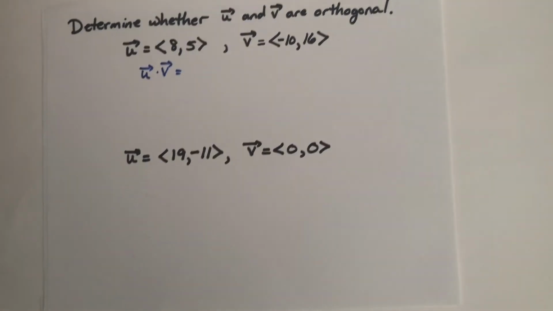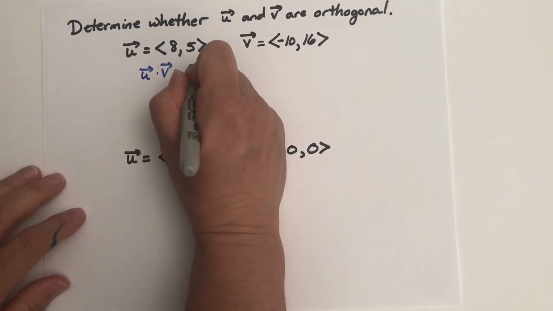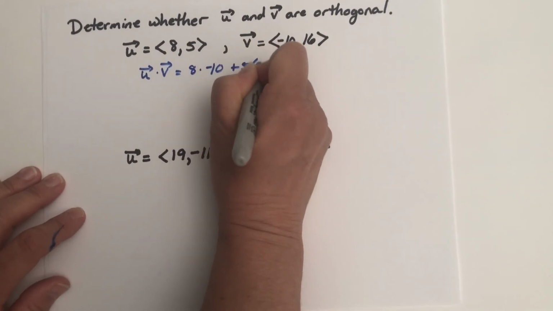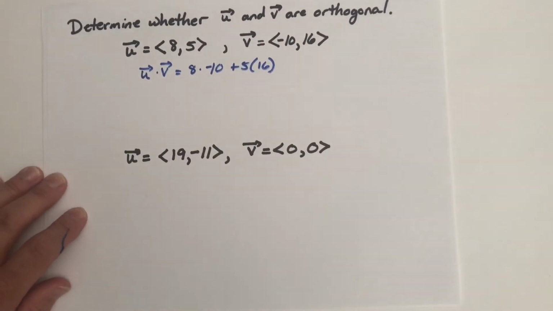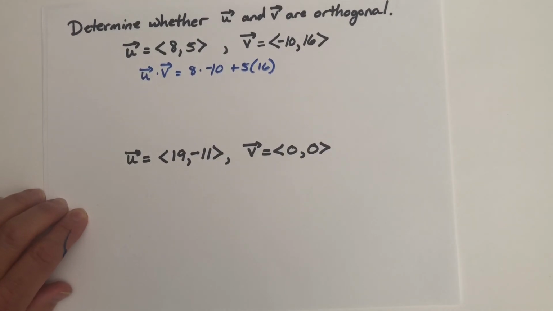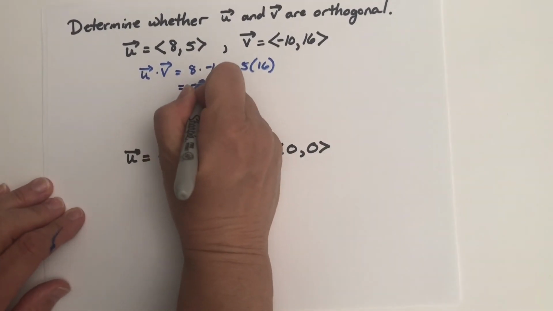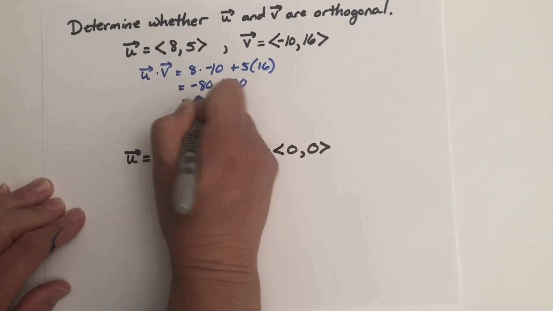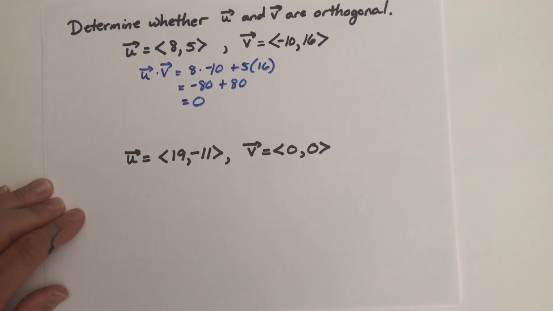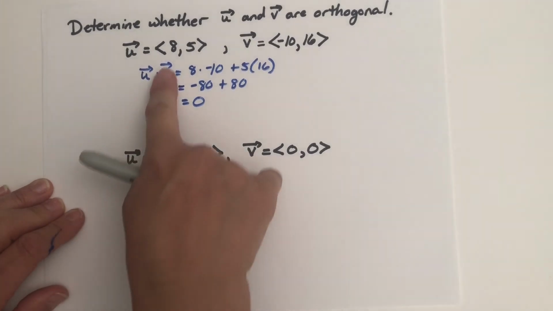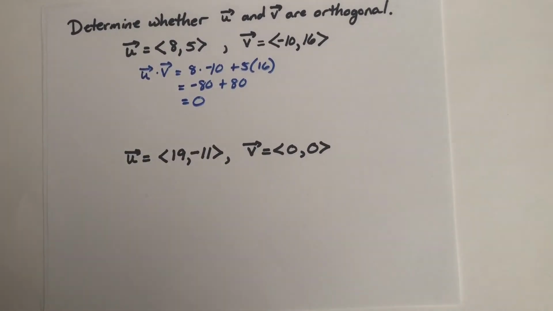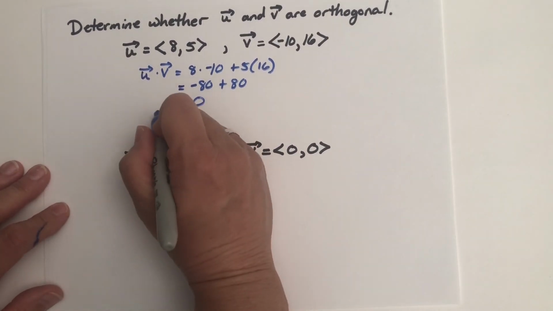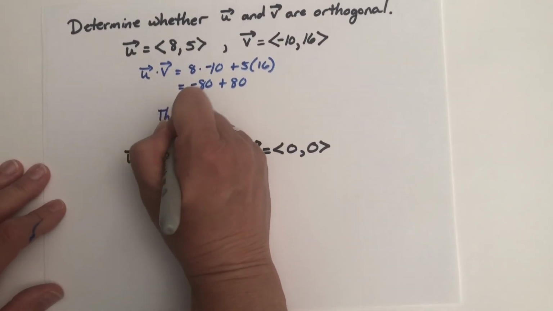So we have 8 times negative 10 plus 5 times 16, and we have negative 80 plus 80 equals 0. So we know, even without drawing the picture, that if we were to put those vectors together, they would form a 90-degree angle. So we'd say they are orthogonal.